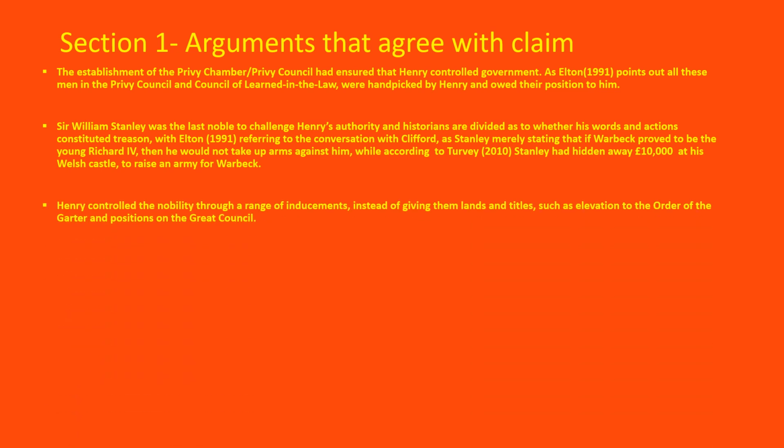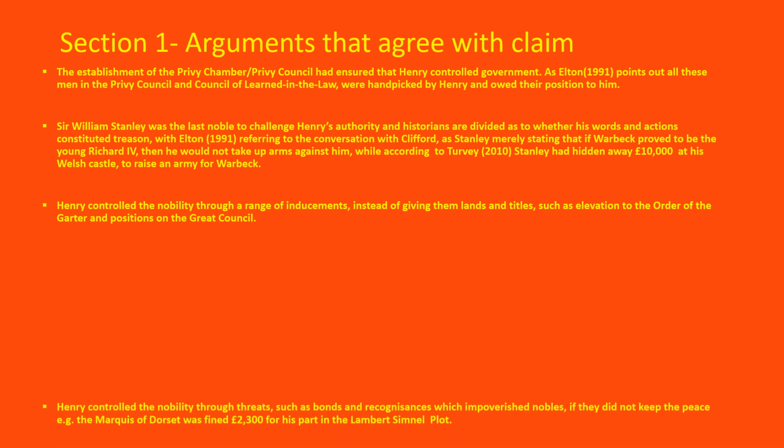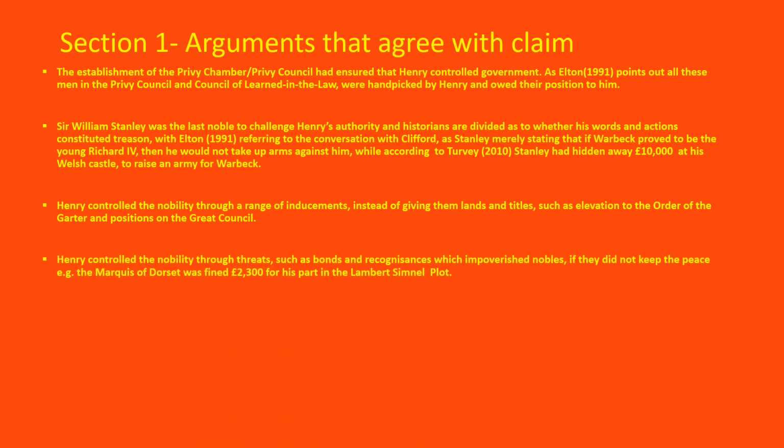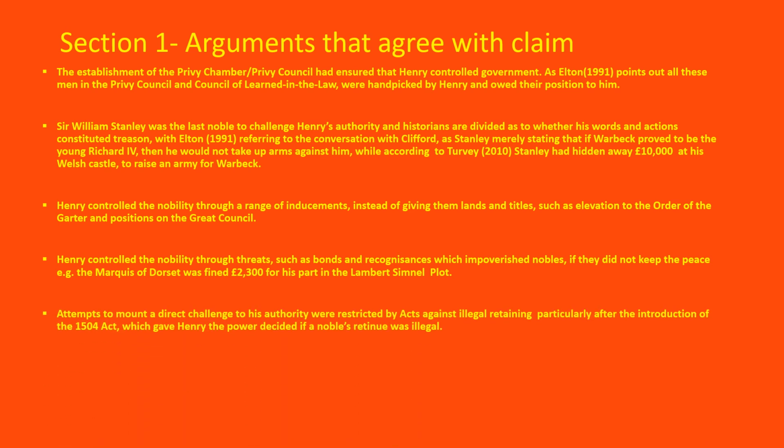Henry controlled the nobility through a range of inducements, such as elevation to the prestigious Order of the Garter and positions in the Great Council, instead of giving them lands and titles. Henry controlled the nobility through threats, such as bonds and recognizances, which impoverished nobles if they did not keep the peace. For example, the Marquis of Dorset was fined £2,300 for his part in the Lambert Simnel plot.